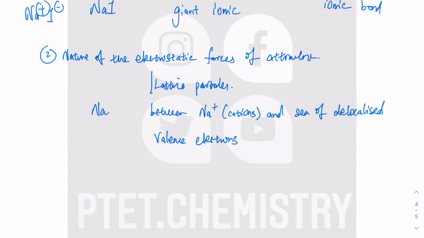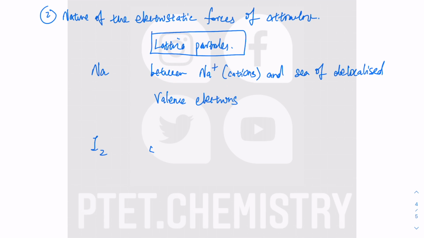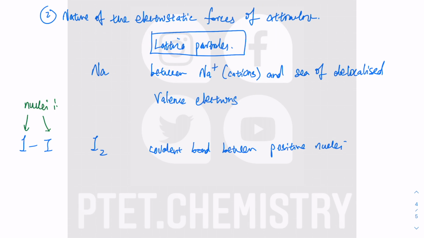Okay, so the lattice particle tells you the attraction between something and something. All right, and the other one was iodine. Okay, so the covalent bond is the electrostatic force of attraction between the positive nuclei. So you have iodine and iodine. In the middle, you have the nucleus in the core of an atom, and then here you have the bonding electrons. Electrons are negatively charged. The nucleus has protons, which are positively charged.